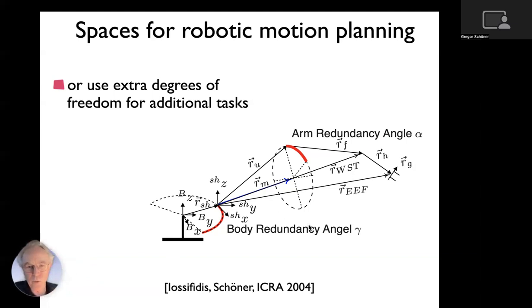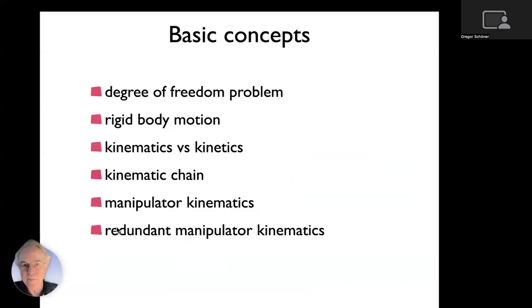So for instance, in some old work, we looked at the elbow position in space. This is a human arm model, pointing with your hand, and then you can rotate your elbow around in space, and that rotation could be used, for instance, to avoid obstacles with your elbow, let's say. And there are a lot more models like that.